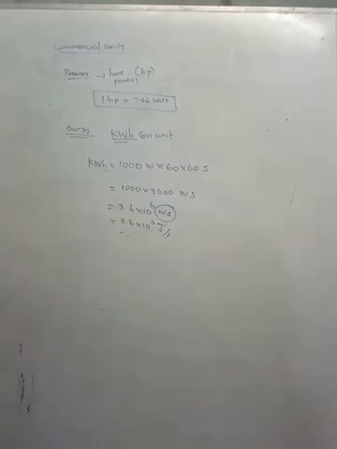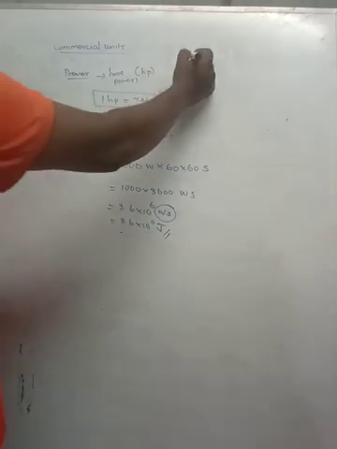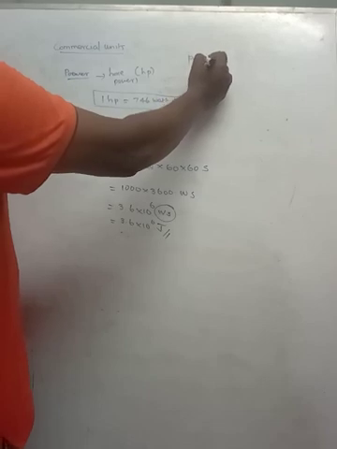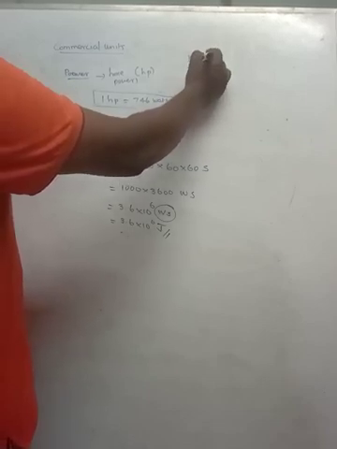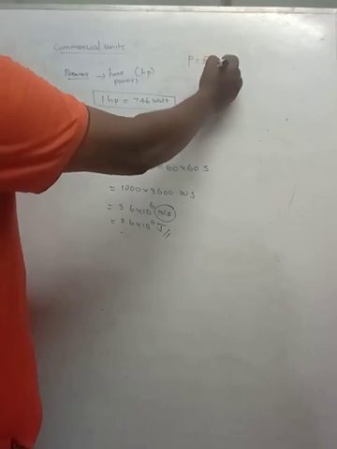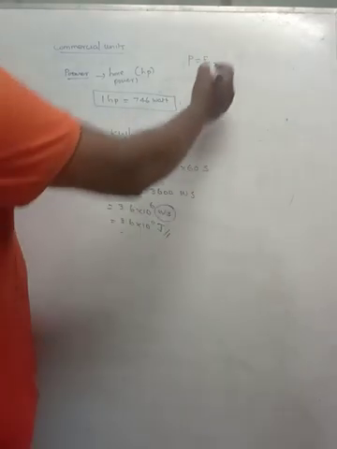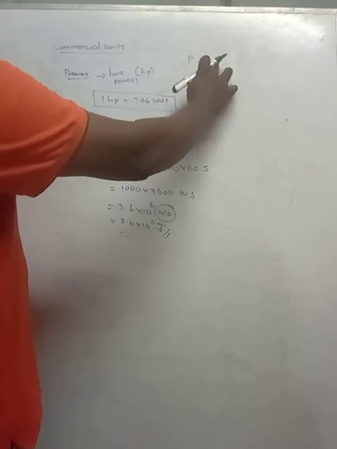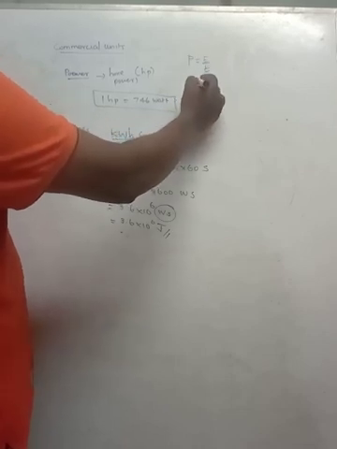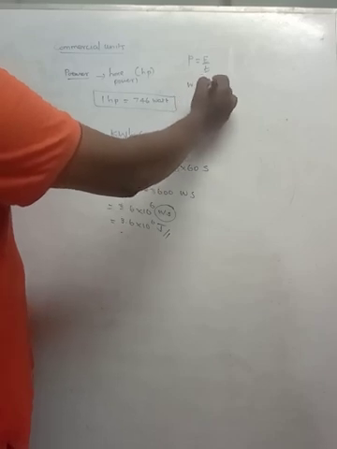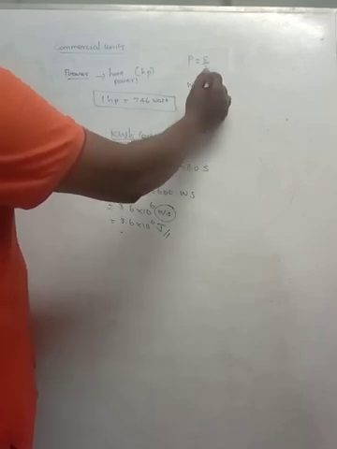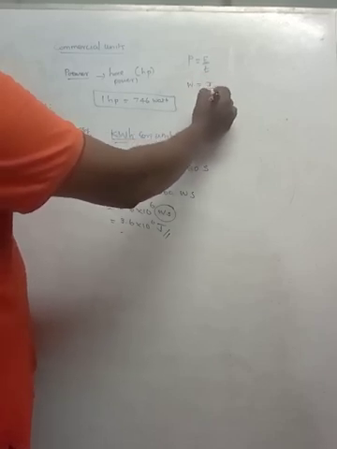How is watt second equal to joule? You know the formula: power is equal to work done, or power is equal to electrical energy with respect to time. So the power unit will be watt, the electrical energy unit will be joule, and the time unit will be second.